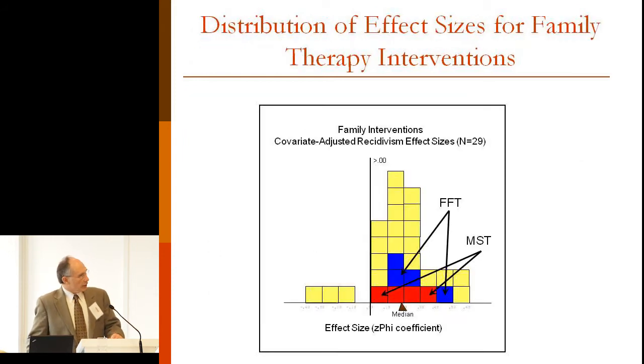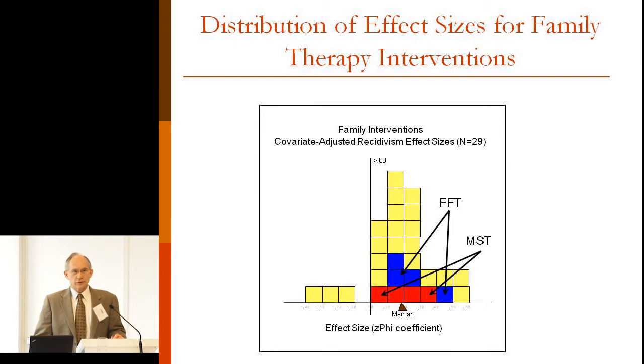Here's an example of the research base we've pulled together just in the family therapy or family intervention area. This is a little histogram for 29 studies that are available in our meta-analysis of family therapy interventions with recidivism outcomes for juvenile delinquents. The name brand so-called evidence-based programs here, functional family therapy and MST, are only 8 of these 29 studies.